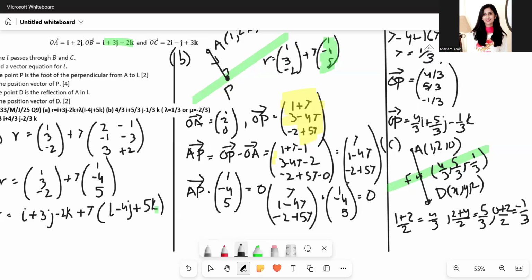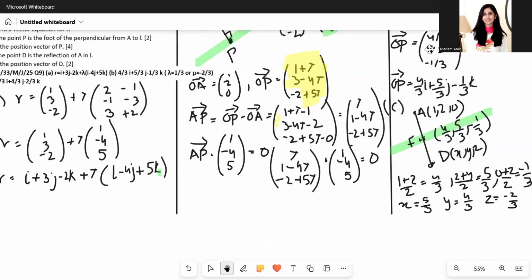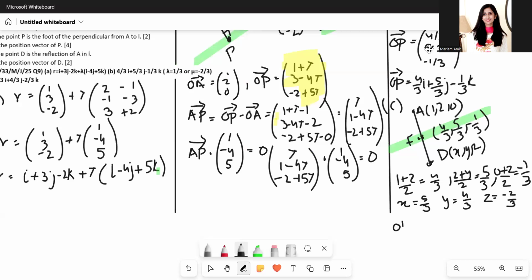Solve all of these, you'll get x equals 5/3, y equals 4/3, and z equals minus 2/3. And in the end, we write it in ijk form. So we write OD equals 5/3 i plus 4/3 j minus 2/3 k. And we are done.